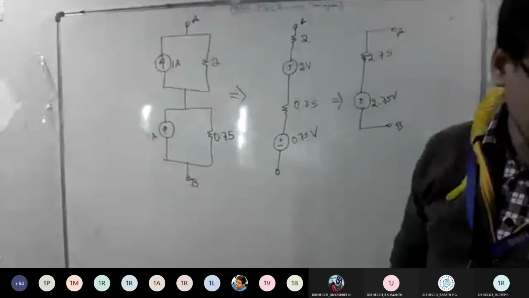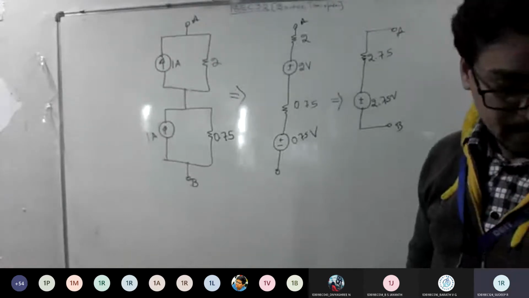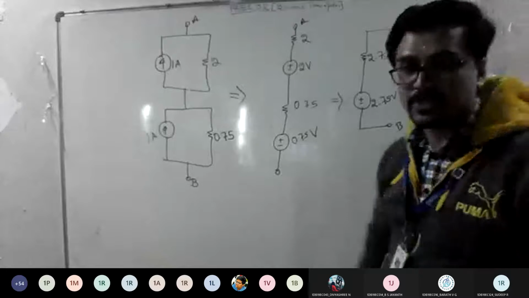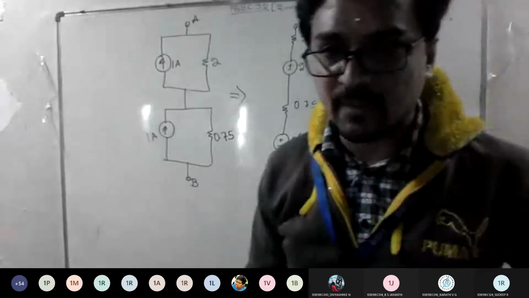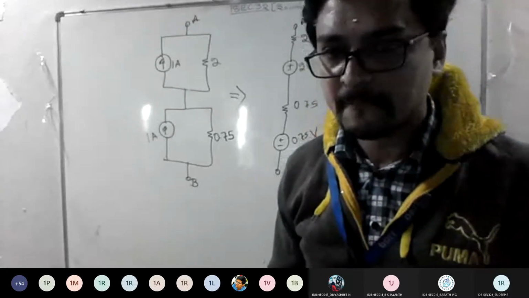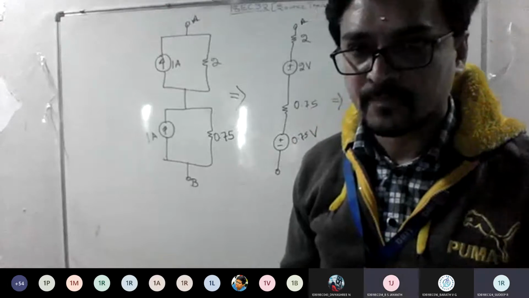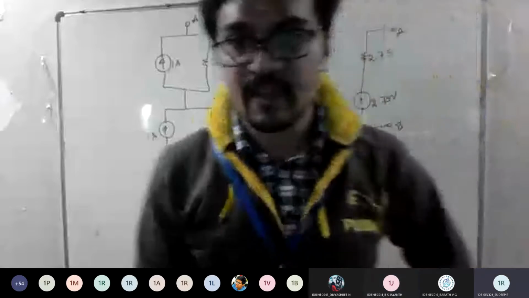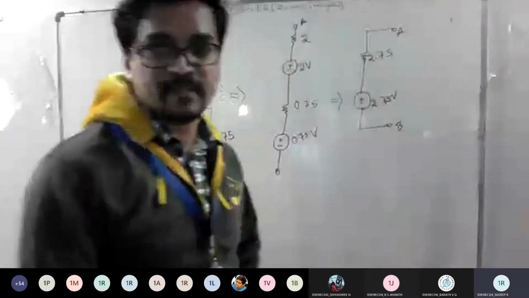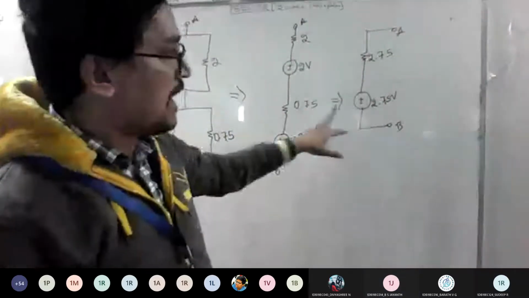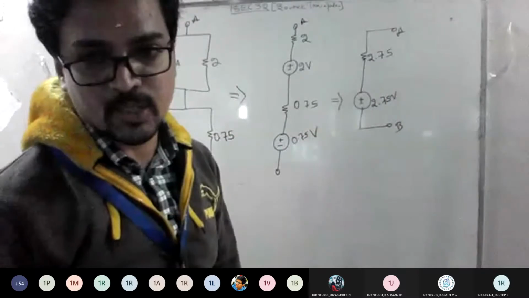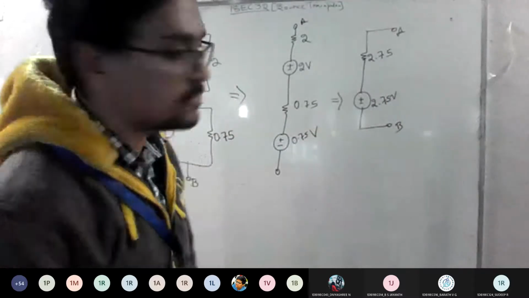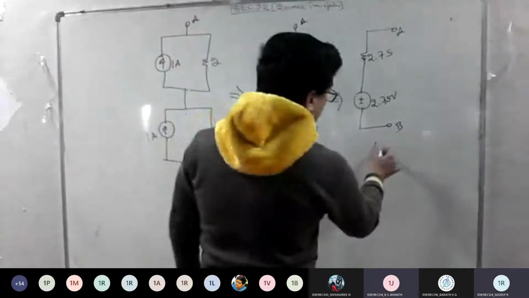Any doubts, anyone? No, sir. So what is the question they asked? They asked you to get it in terms of a current source, right? Yes or no? Equivalent current. So you have to simplify further. The ultimate goal is that the answer should be in terms of a practical current source. What should we do now? Source transformation, sir.